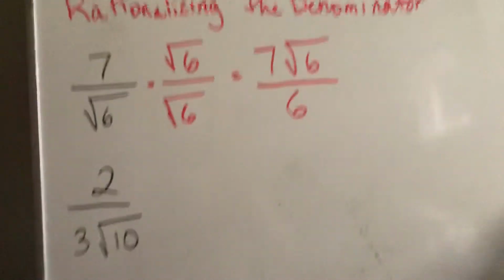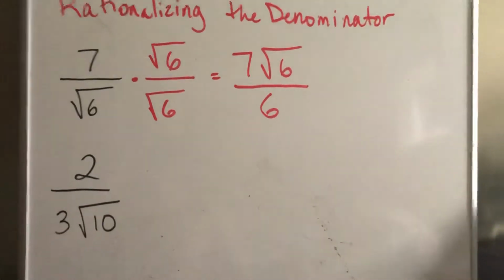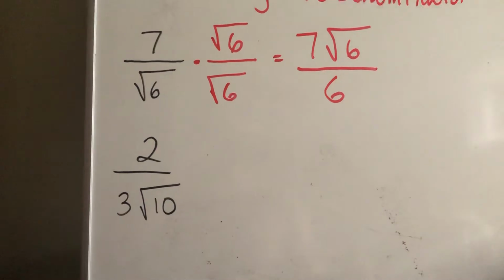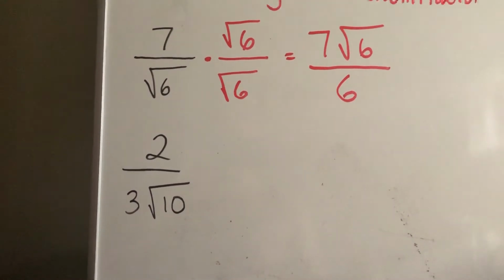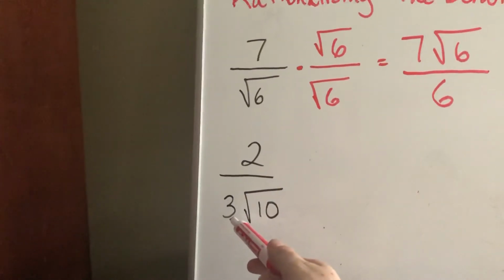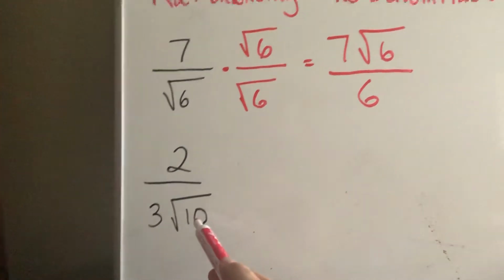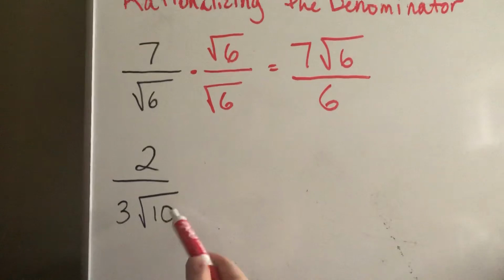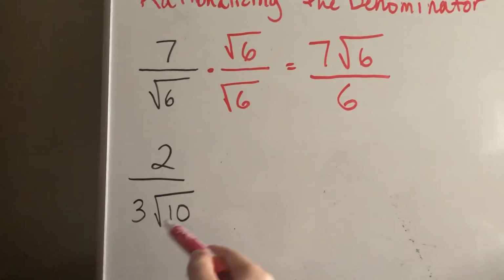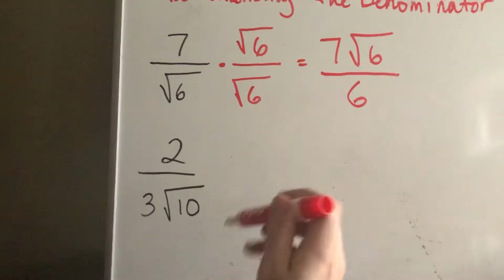This one is going to have an extra step or two, so I'm going to try this one more time. Now I have 2 over 3 root 10. So there's almost like a coefficient in front of the radical sign right here. So to rationalize here, you don't have to rationalize by the entire denominator. I would do just root 10.